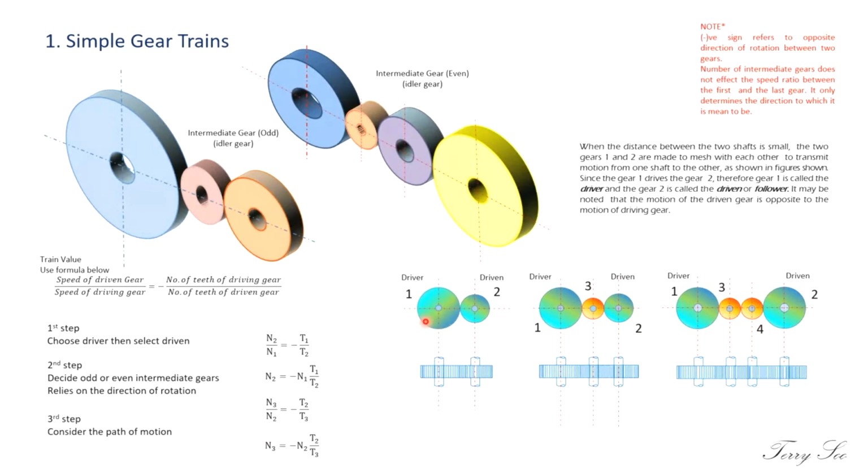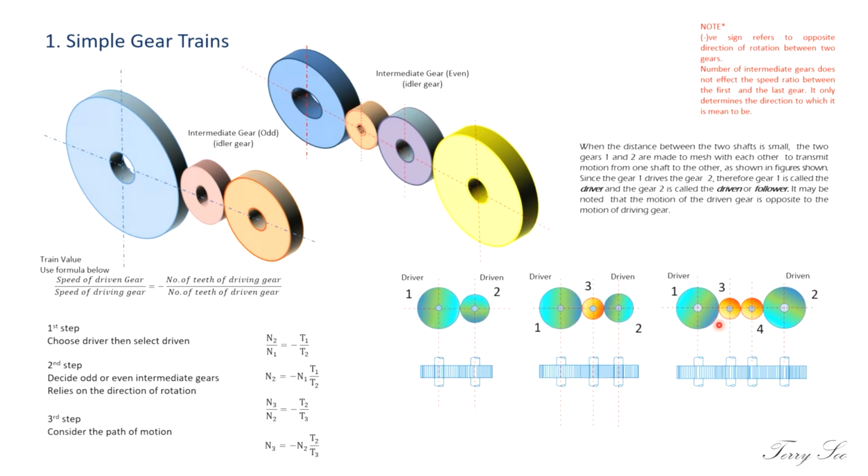So you can see, if the first gear rotates clockwise, then the next will be anti-clockwise. That is for this one. For the second set, if this is rotating clockwise, then this will be anti-clockwise, and then this will be clockwise. So both these gears are rotating in the same direction if you use odd numbers.